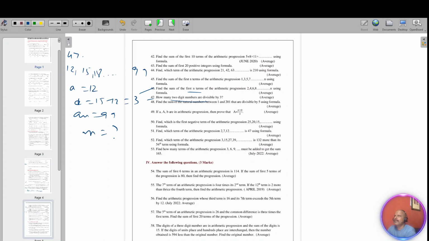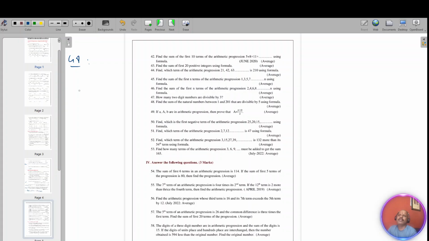Okay. We'll move ahead. 48th we'll say. Find the sum of natural numbers between 1 and 201 divisible by 5. Same question. I'll give the AP, then you find N there. Means first 5, 10 and so on. 201 will not be divisible by 5. So 200. Here A is 5, D is 10 minus 5, 5, AN is 200. Then what you have to find?